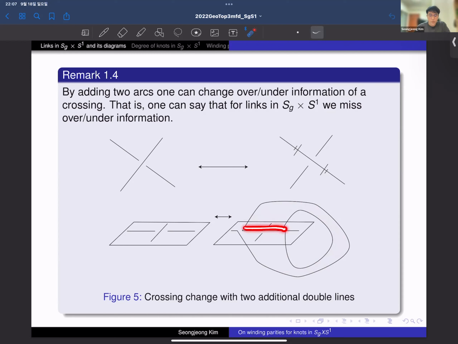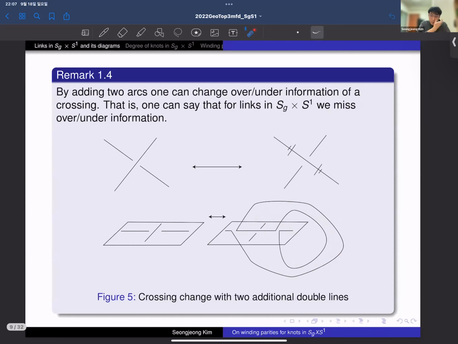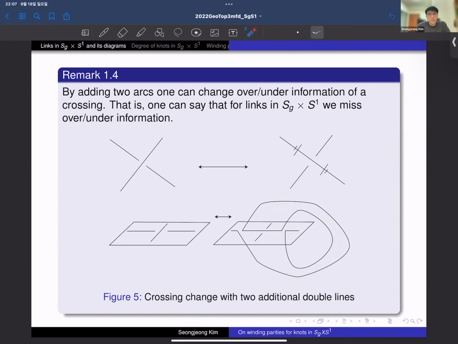By pushing this part along the band, we can get the left part. It means we can get a diagram on the plane with classical crossings for links in surface times S1. We may lose the over-under information because of this move. But even though we lose over-under information, we still need to add such two double lines, which present the arc rotating along S1 in surface times S1.